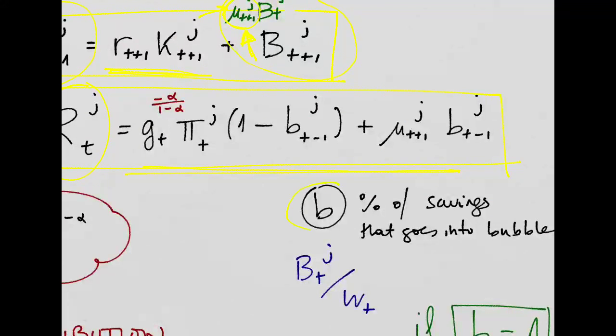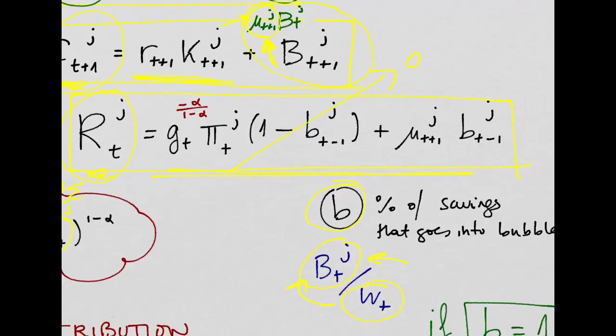So think of this small b as the amount of savings that go into the bubble. So it's just the amount of bubbles you buy divided by the wage. And imagine that a country only buys bubbles. Well, then your wages only go into bubbles, and this is just going to be 0. So the rate of return of the country is just going to be the growth rate of the bubble.